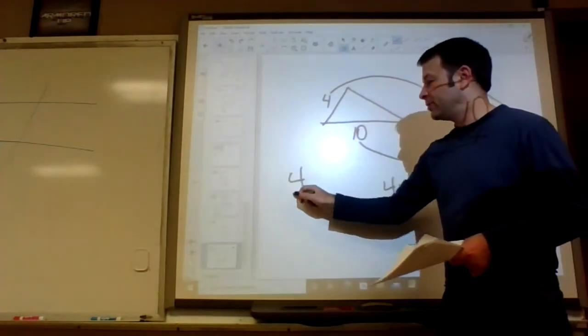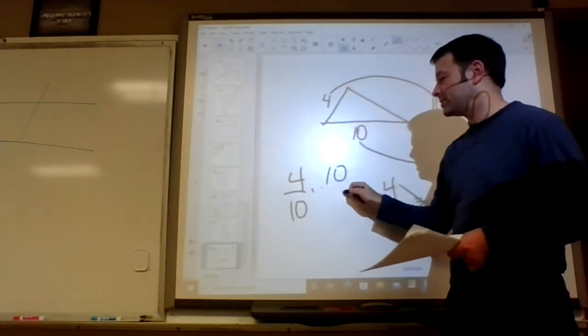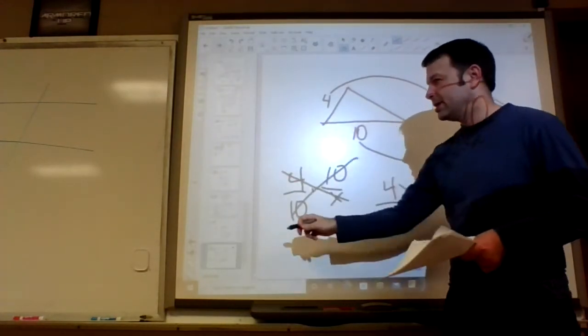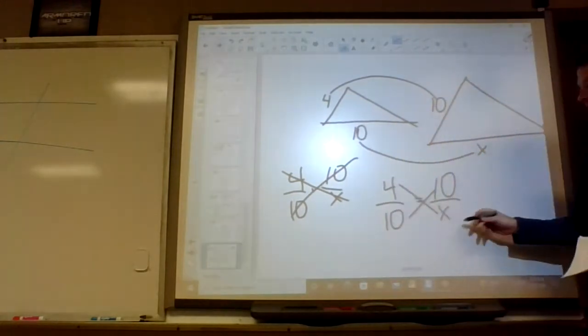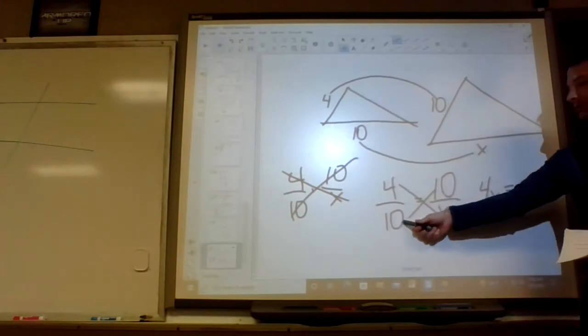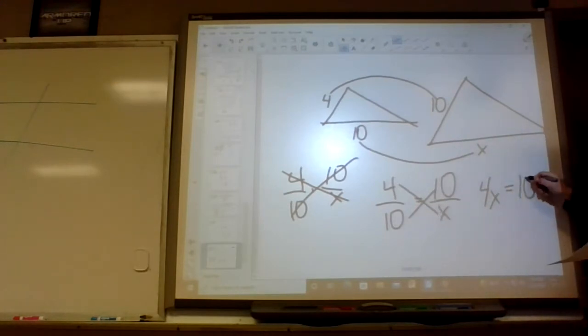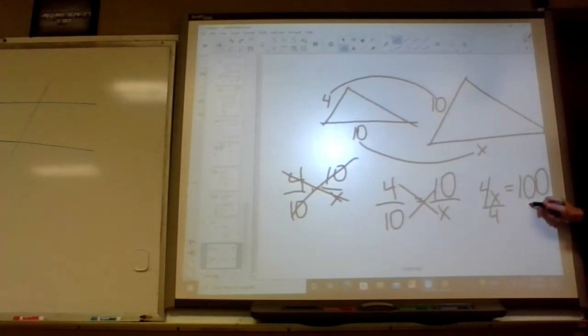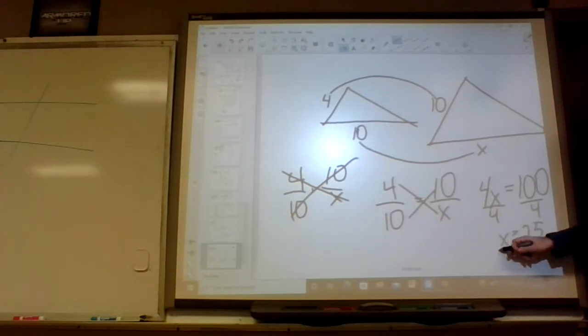We're not doing 4 over 10 times 10 over x. 4x equals 10 times 10, which is 100. What's 100 divided by 4? 25. 4 quarters and a dollar, right?